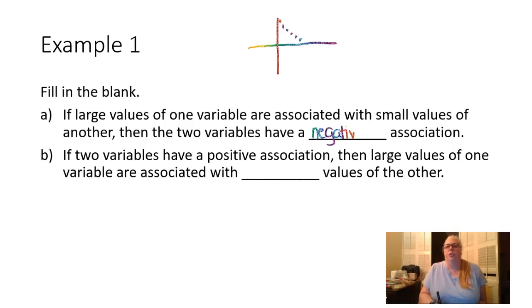And the reverse of that is true. As one gets larger, the other one's going to get smaller. Part B. If two variables have a positive association, then large values of one variable are associated with what kind of values of the other? Well, again, let's take a look at the picture.